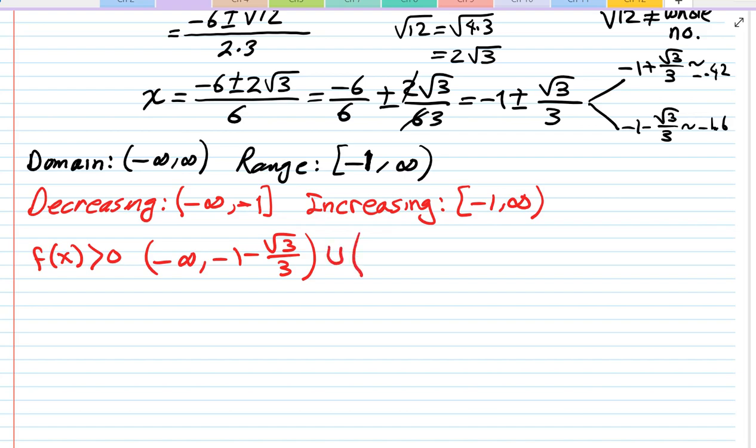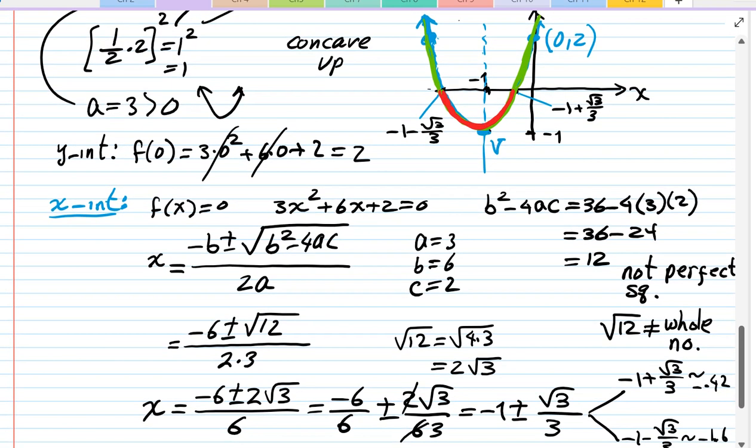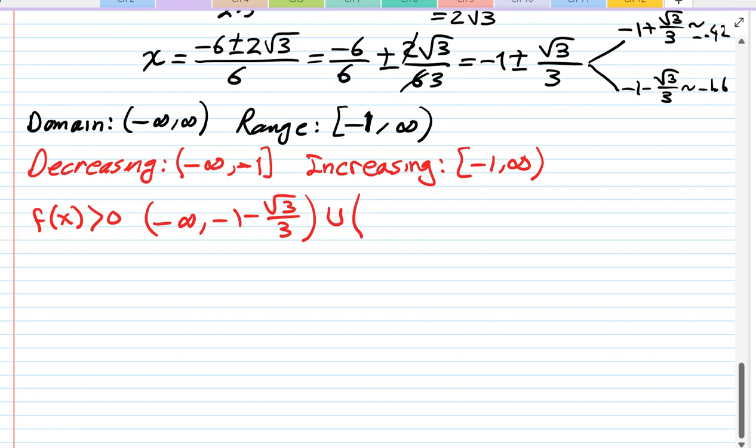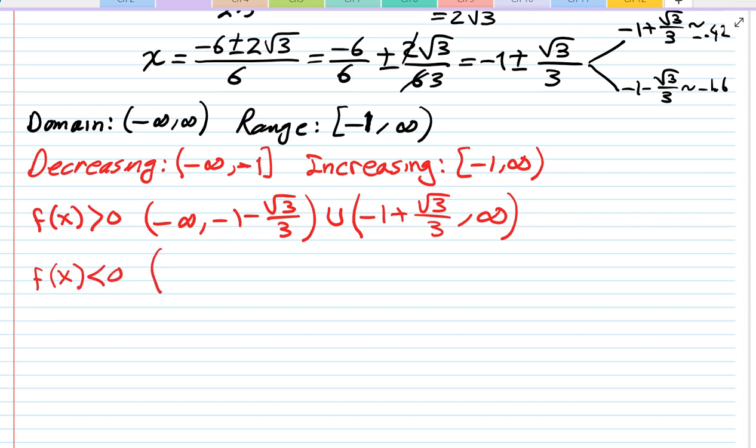Union to the right of the other intercept, which is -1 plus √3/3, going from -1 plus √3/3 to infinity. And the function is negative, again, between the intercepts. That's between -1 minus √3/3 and -1 plus √3/3.